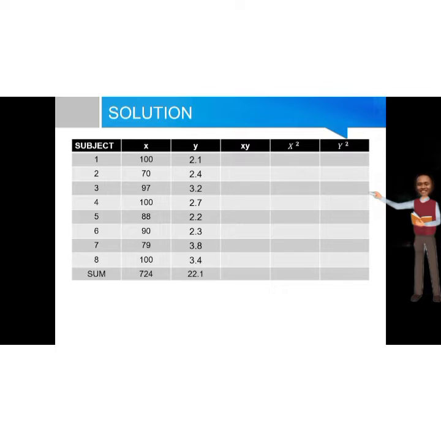For subject 1, 100 times 2.1 is equal to 210. 70 times 2.4 is equal to 168. 97 times 3.2 is equal to 310.4. 100 times 2.7 is equal to 270. 88 times 2.2 is equal to 193.6. 90 times 2.3 is equal to 207. 79 times 3.8 is equal to 300.2. And 100 times 3.4 is equal to 340.